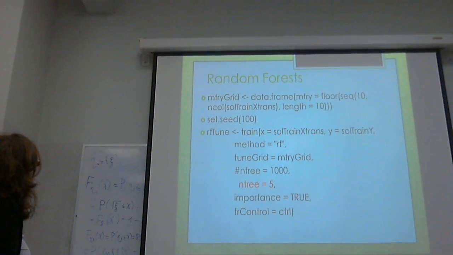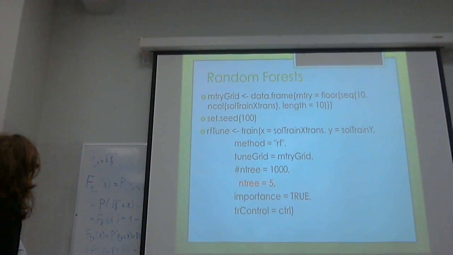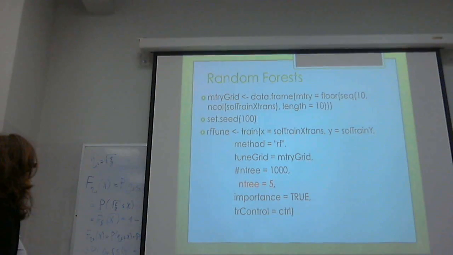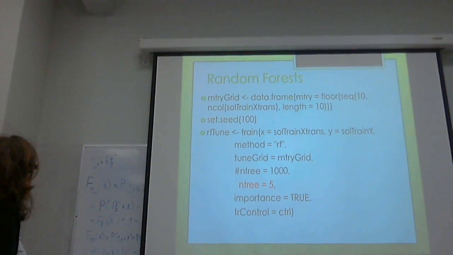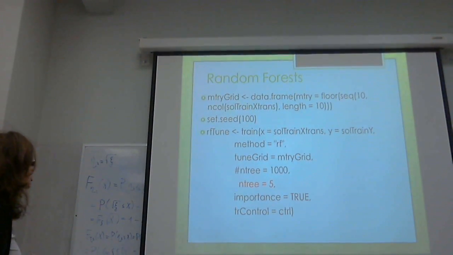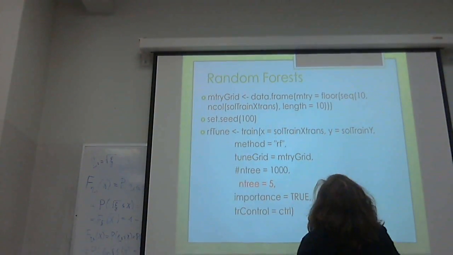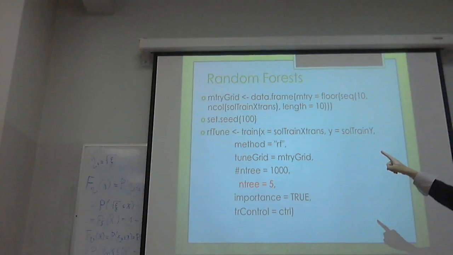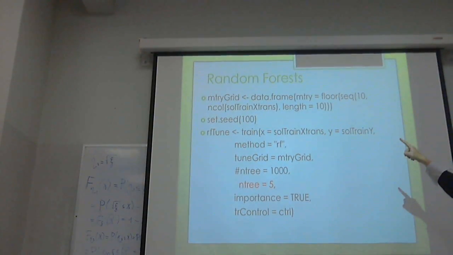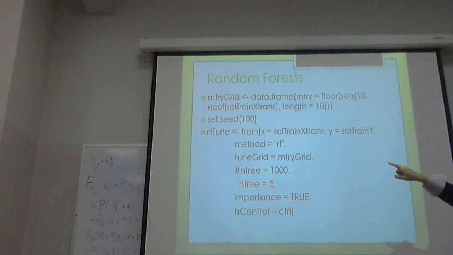The only difficult thing is to type this data frame. Maybe somebody would explain, you see, there is a function created from the number of columns from our training data.